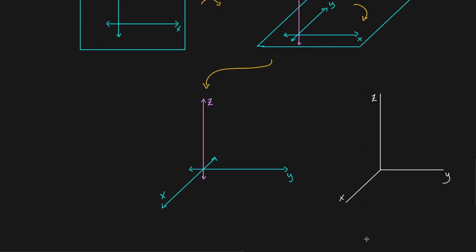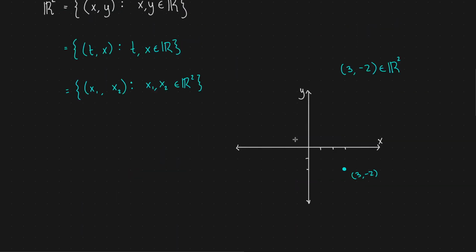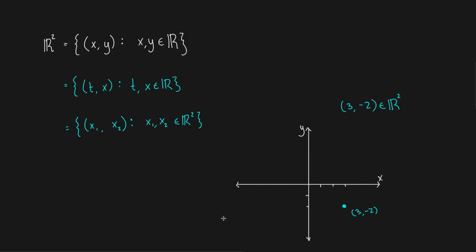Now, drawing in 3D can be a little tricky because unlike drawing our coordinate plane in R2, which was pretty straightforward because we were drawing a two-dimensional representation of our space onto a two-dimensional object, a piece of paper, or in this case, a screen.